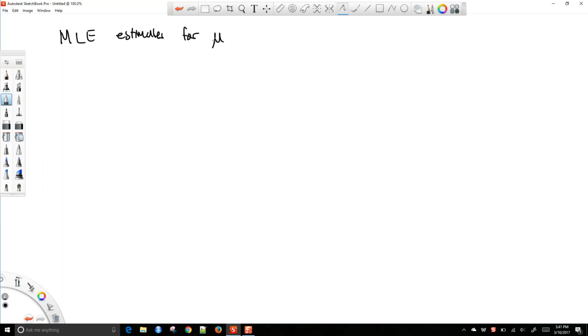All right, and then the other components, the MLE estimate for mu sub k, based on the weighting, ends up being: you take your expected class membership, q sub nk, multiplied by x sub n, right?